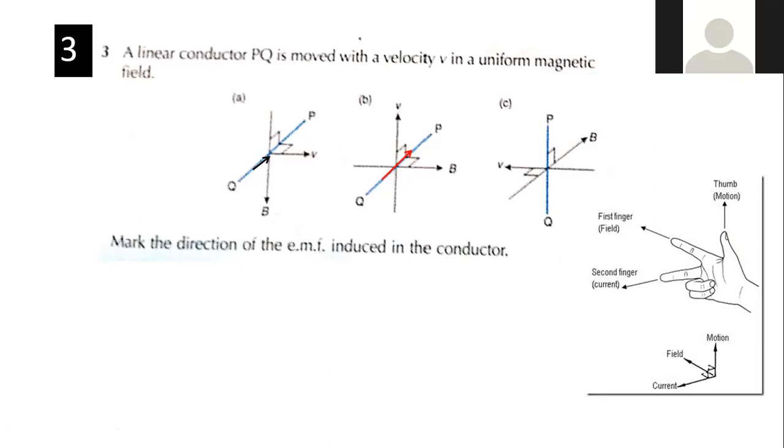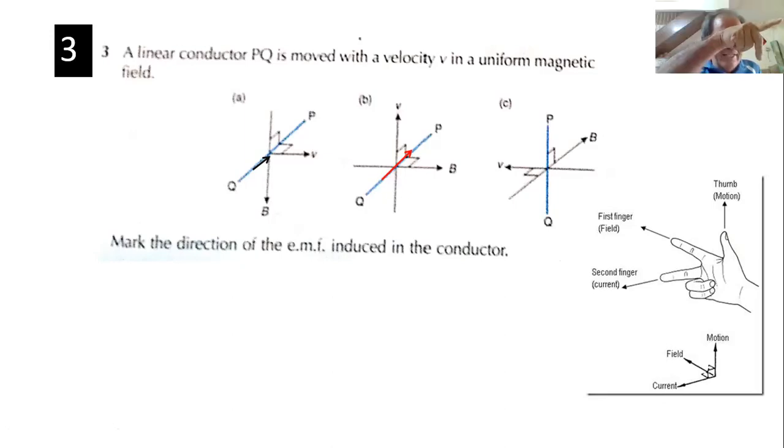For C, you must be able to read. The conductor is moving to the left. The field is going in. Remember that. It's going into the page or into the screen. So your field, your first finger, must be pointing into the screen. And then the motion must be to the left. You must use the right hand, right?